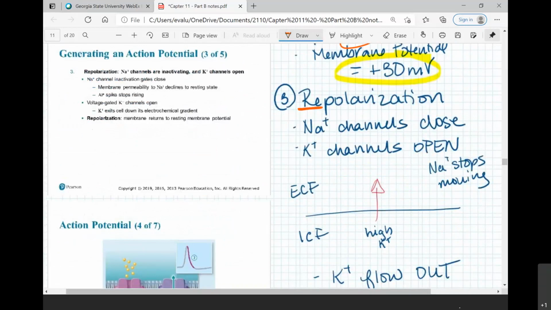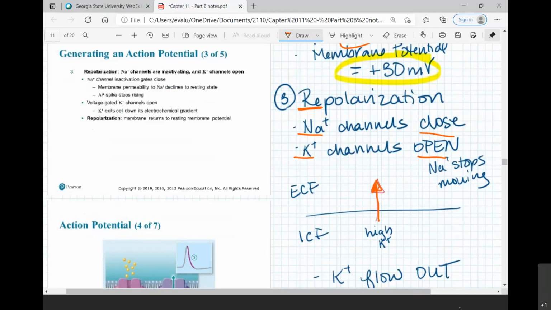Now we go to step 3, repolarization. What is happening with repolarization is basically we're going to close all of the gates that were open. So we are going to close sodium. If we close sodium, sodium stops moving. But we're also going to open potassium. Potassium has a high concentration inside of the cell, and it is going to want to move out.